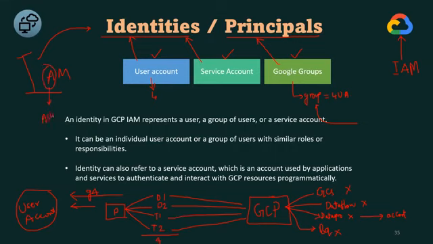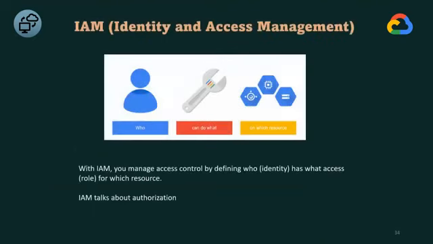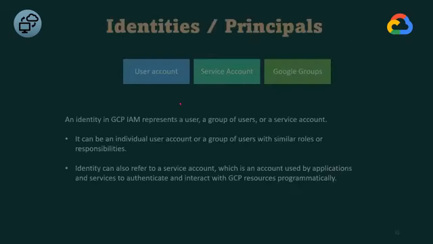We are going to talk about access for these identities only. Access means the permissions we are going to provide, to whom, sir? In IAM, if we do not have the who concept, we don't provide any access. The who concept is nothing but identities. You can go back and see here: this who is either a user account, a group of accounts, or a service account. This who is totally the identity. So this is what I is.